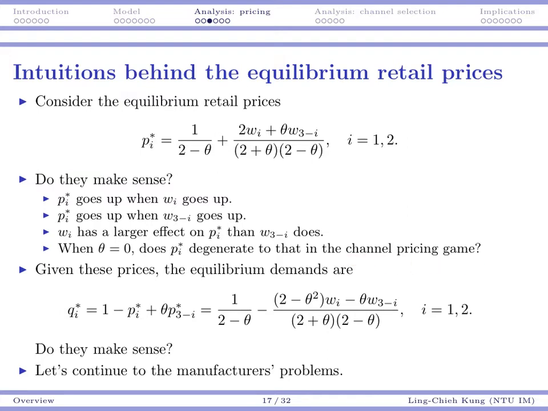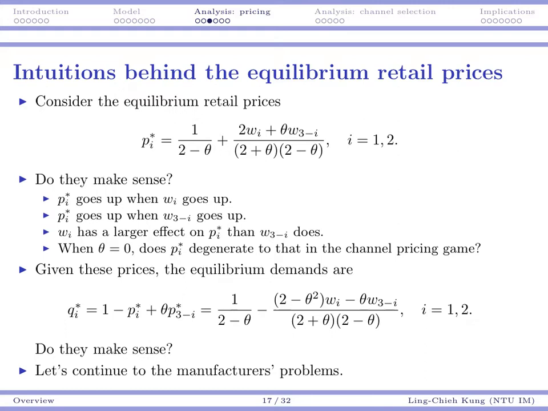If theta is 0, you don't have this term, you don't have this, you don't have this at all. So you have 1/2 plus Wi/2. That's your retail price. That's exactly what we got when we were solving the channel pricing game without competition.